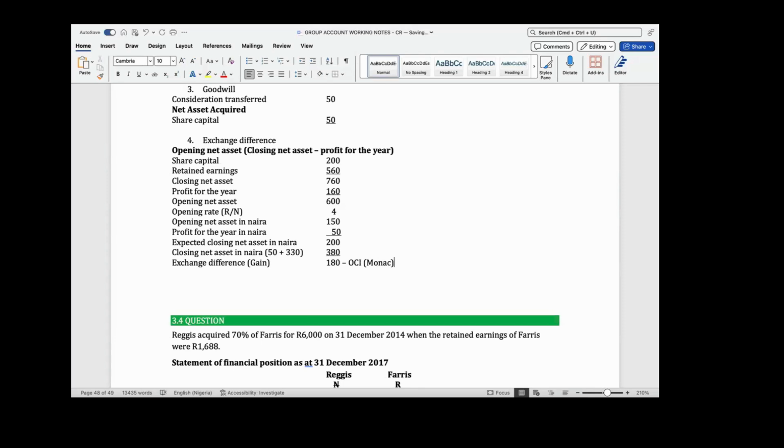So you need to be an expert in doing this, because there is no way you want to solve any question on foreign subsidiary. This one will take like 4 or 5 marks. So I think just have an understanding of this approach, that for exchange differences, we're just trying to do a kind of reconciliation to establish the effects of using different exchange rates at the end of every year.